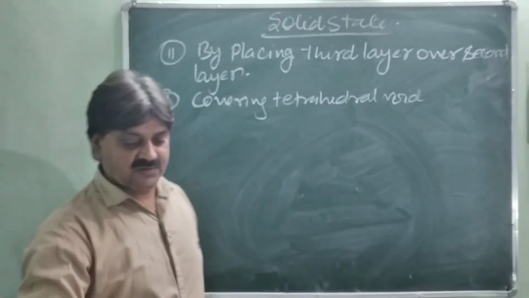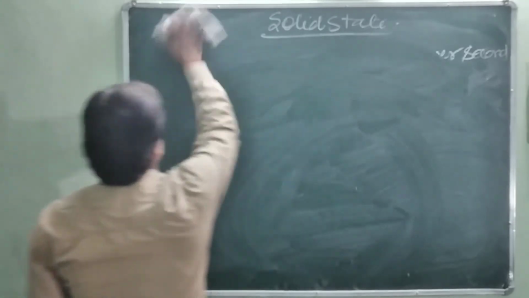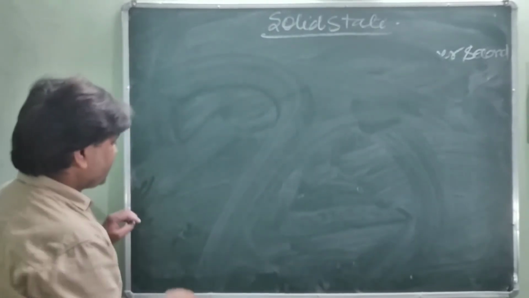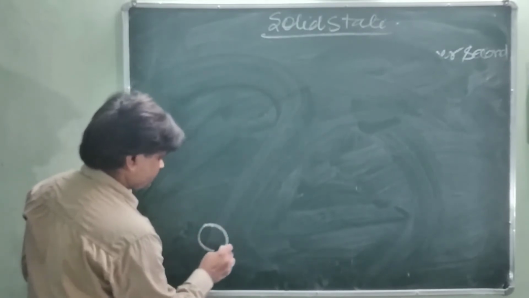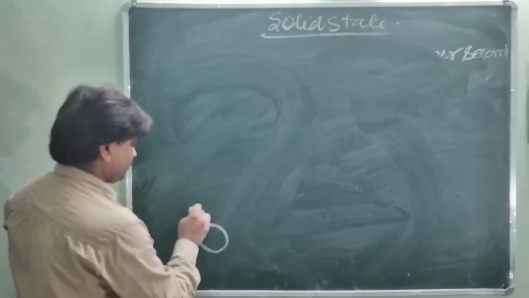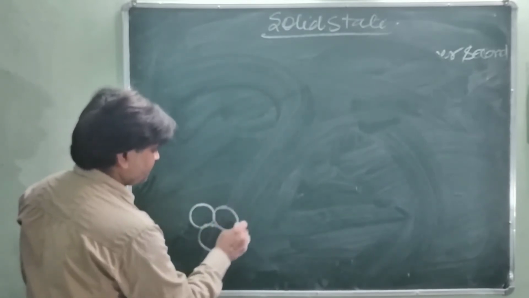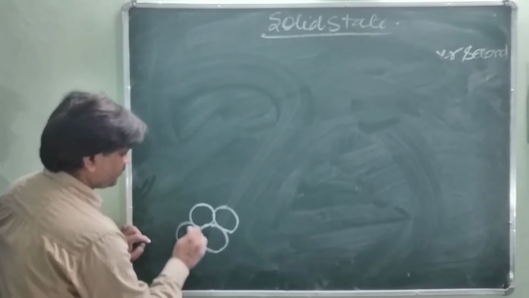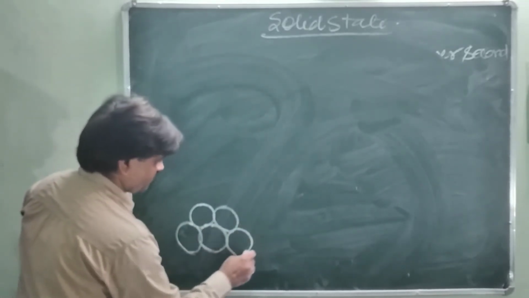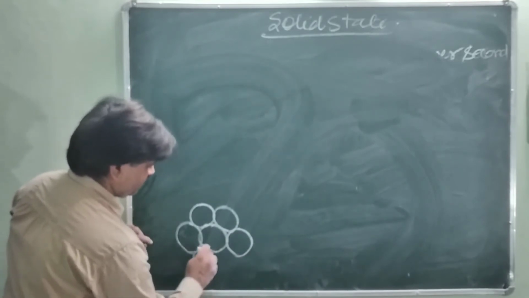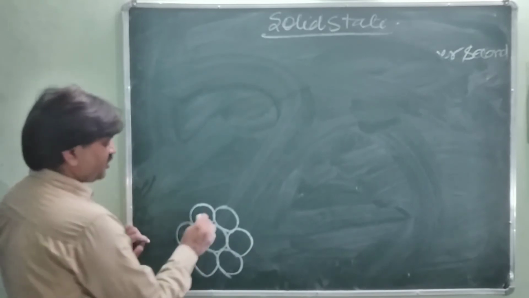How do you show it? In this case, you can show this is an octahedral void, meaning between the 6 atoms. This is an octahedral void.